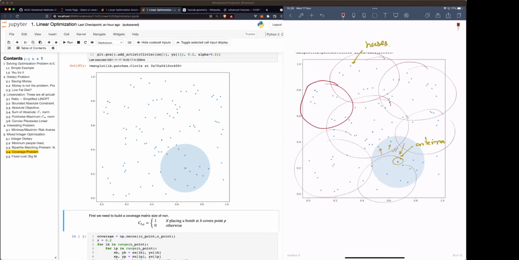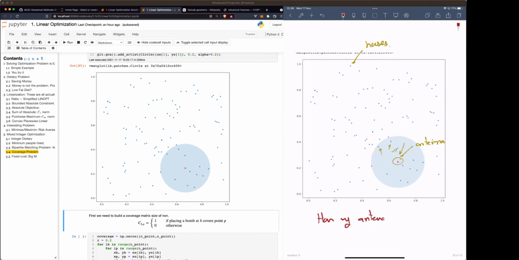And I want to know how many antennas do I really need? Okay. How many antennas do I really need? Okay, everyone understand the problem, right?